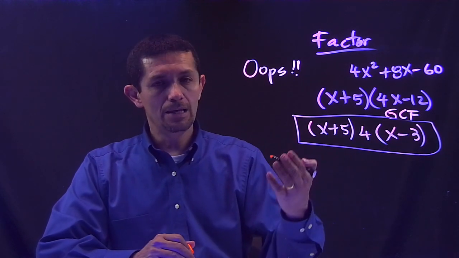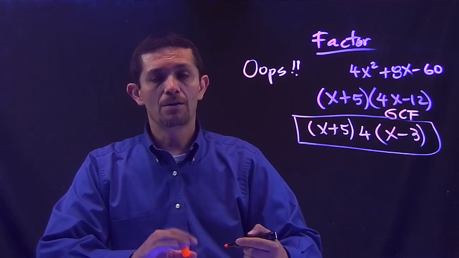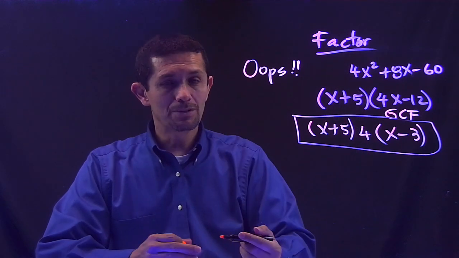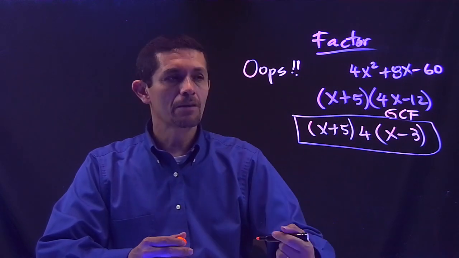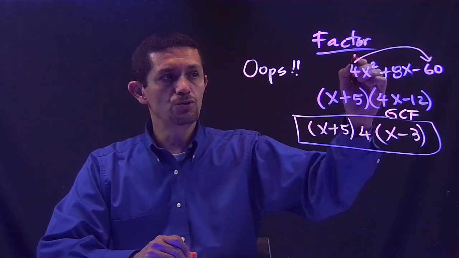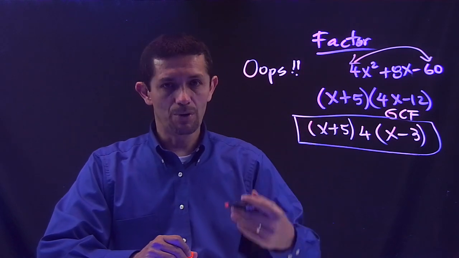Now, this trinomial, I factored the long way. Why? Because I want to show you. I didn't do greatest common factor on purpose in the beginning, but then I forgot at the end. I didn't do it on purpose in the beginning because I want to get those huge numbers that we got. And that's how we ended up with that huge process.